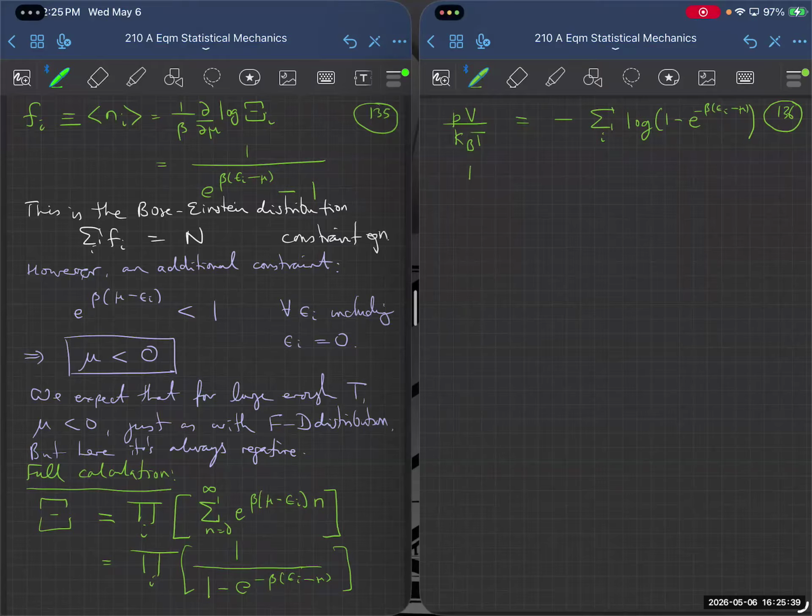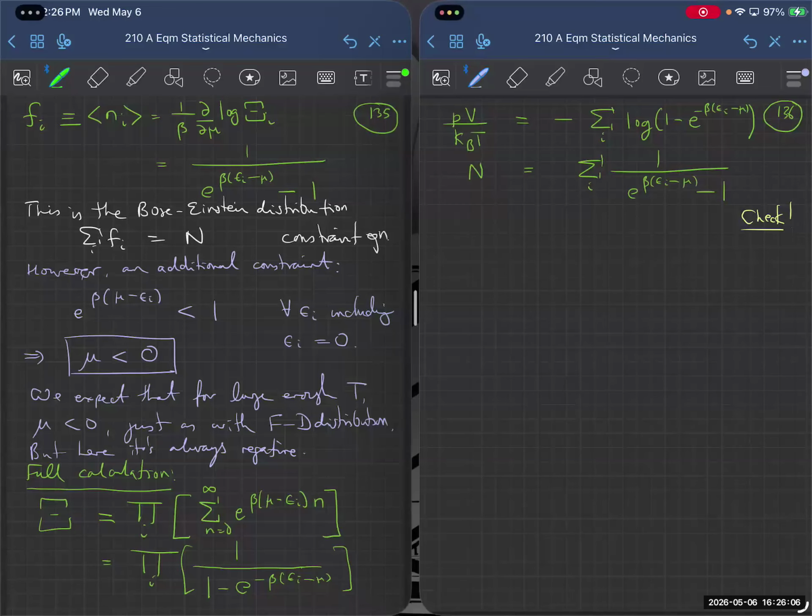And the constraint equation is n equals the sum over I of 1 over e to the beta epsilon I minus mu minus 1. So everything there is literally just following what we did for fermions. And so I want you to check that, please.